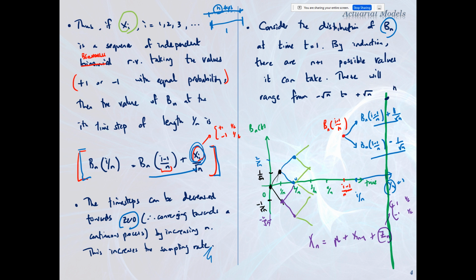Because I have n time steps, times the magnitude of the jumps, and I'm having only up jumps, it will be n over square root n, so it is equal to square root n. The lowest one will be n time steps times only down jumps, so this is equal to minus square root n. This will be 0. So we will be having other values like this, going like this. Okay.